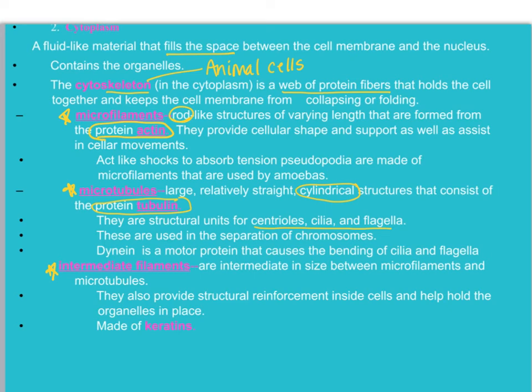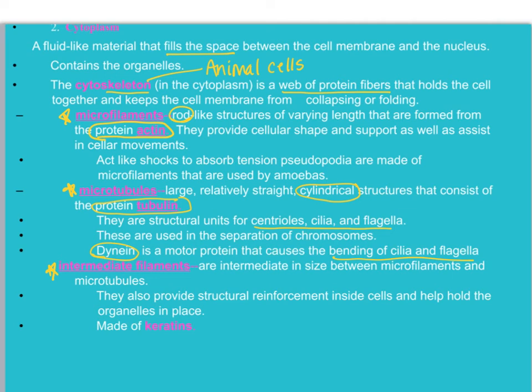So these are used when your chromosomes separate out during cell division, when one cell becomes two cells. Another protein, it's called dynein, is a motor protein that allows the bending of that cilia and flagella. So as you can see here, the proteins are important.